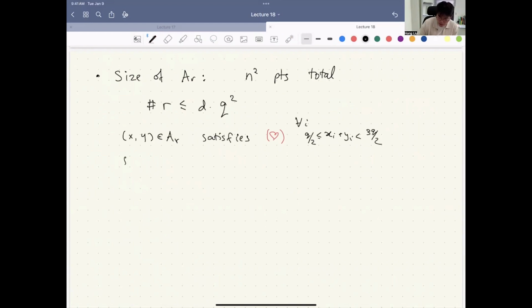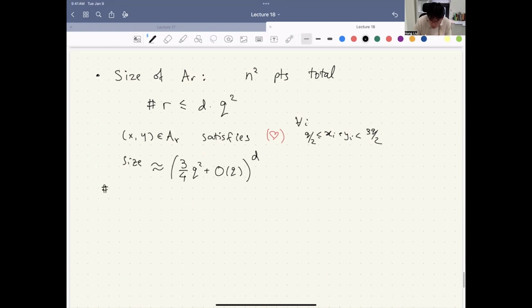The number of choices, this size, is roughly 3 over 4 q squared plus some lower order term, raised to the power d. This is the number of points satisfying this.